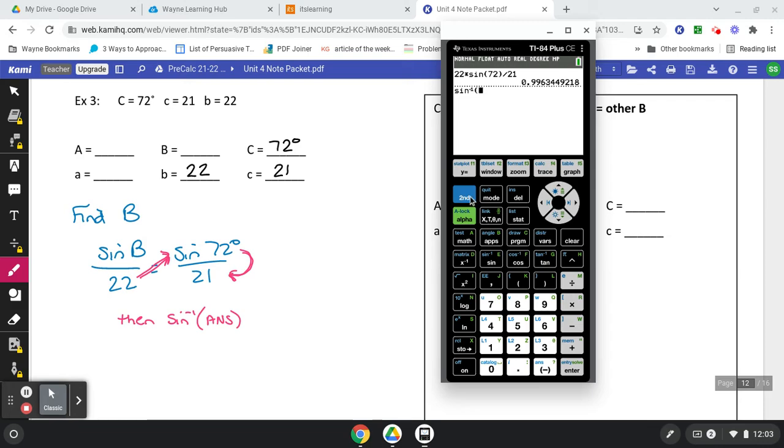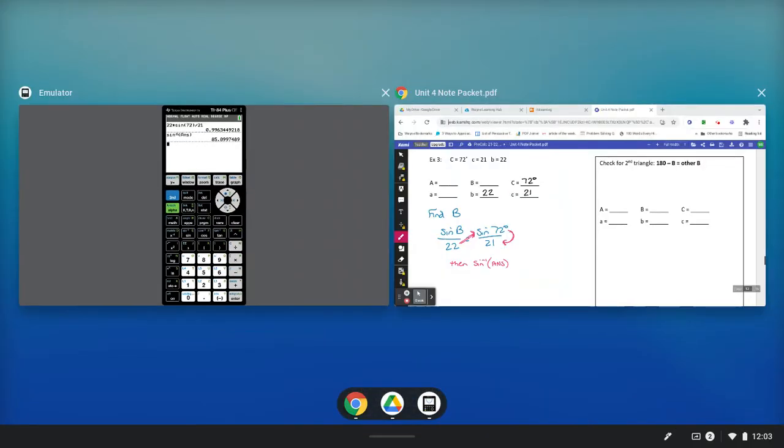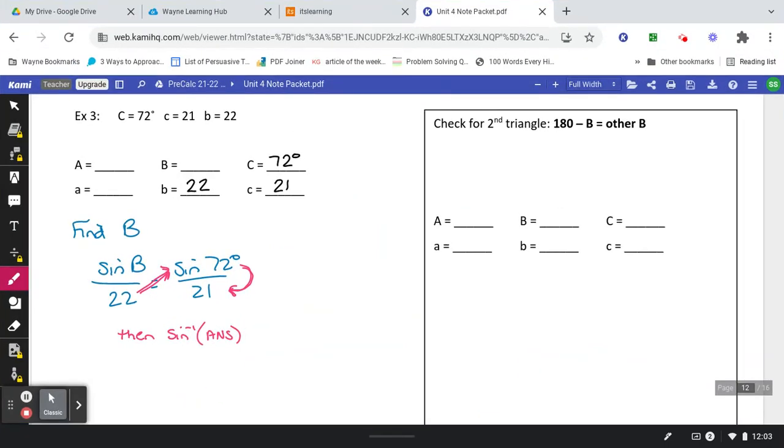There's a sine to the -1, and then second answer button. Copy paste that 0.9963, etc. And we get 85.0997. Because that is so close to 85, I'm just going to go ahead and round that to 85. Just leave it as a whole number. I know technically you could go to 85.1 if you wanted to.